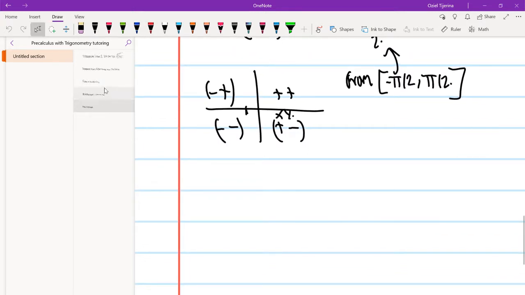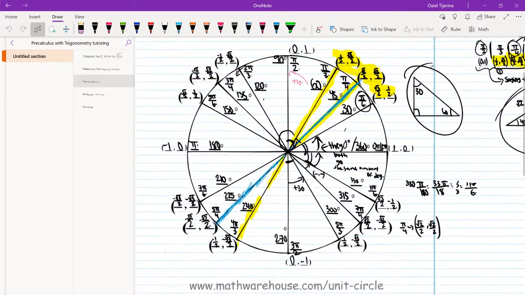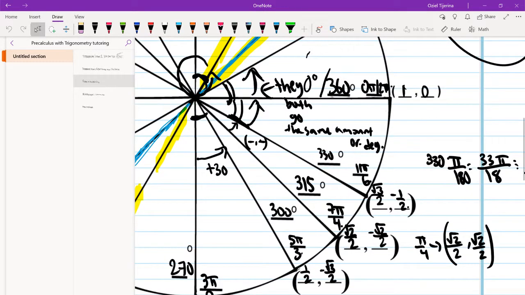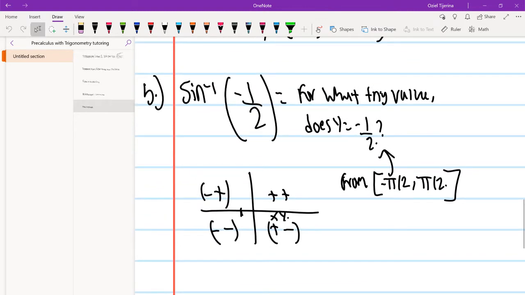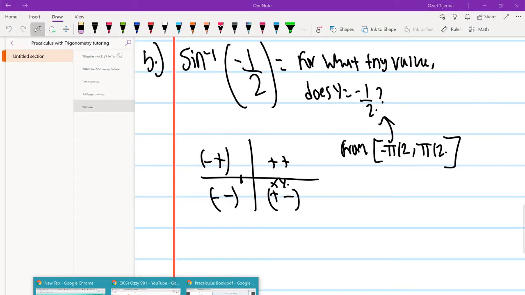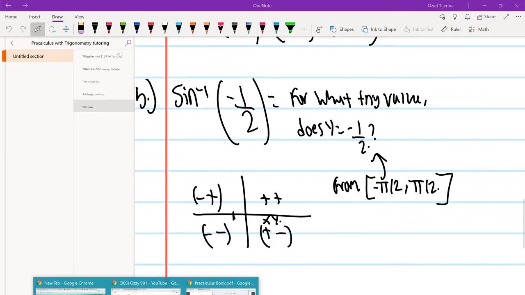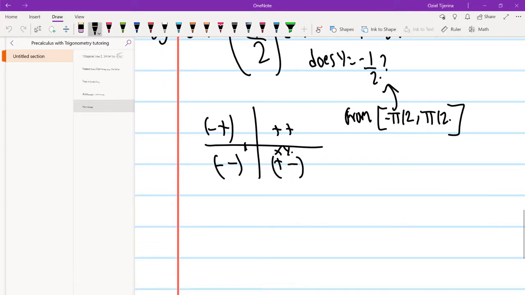If we look at our unit circle, we know that negative 1/2 is over here at 11 pi over 6. So the answer should be 11 pi over 6, however, it wants it in terms of negative radians. So in negative radians, it would be negative pi over 6.